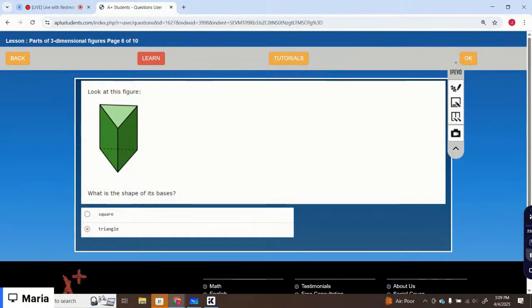Triangle. It is okay, you can complete the lesson by yourself later today. Let's move on to the next lesson.